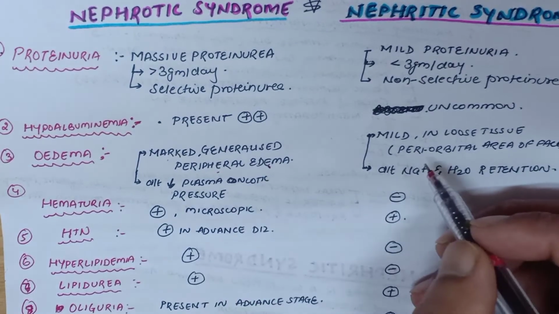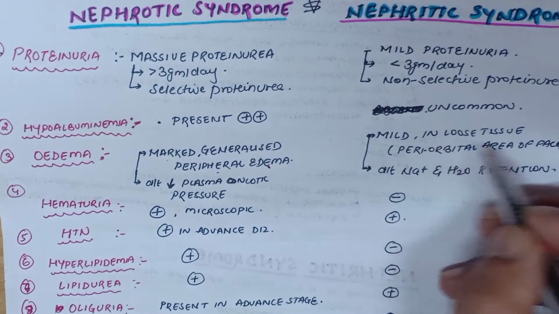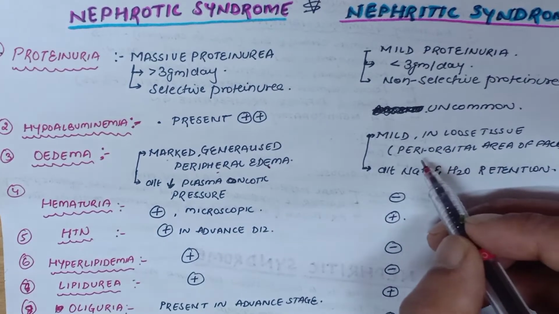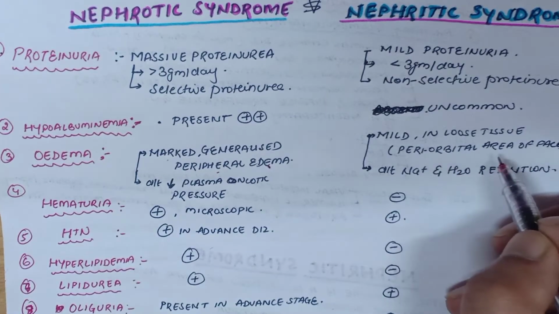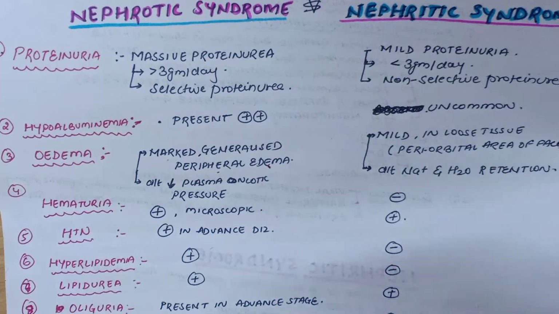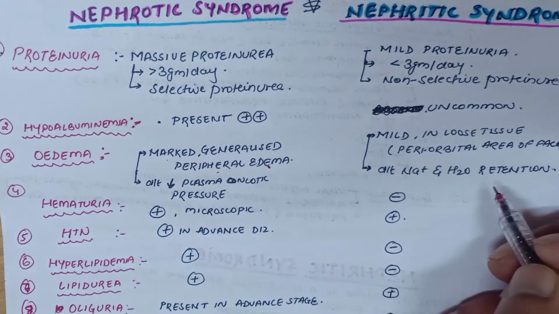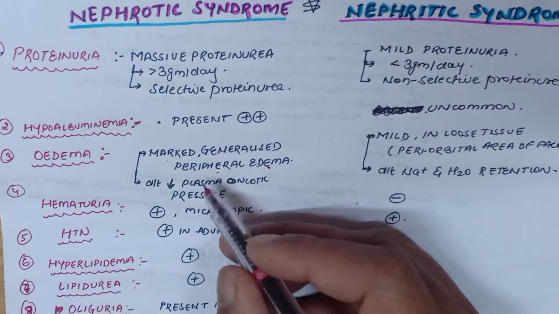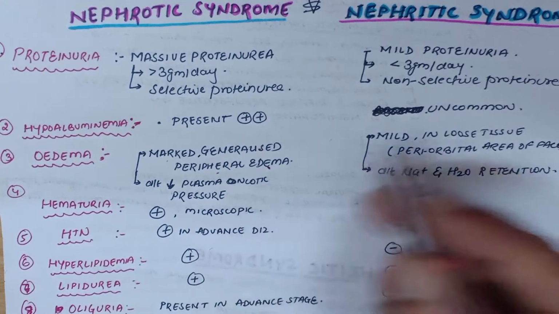Whereas in case of nephritic syndrome, edema is mild and it will present in loose tissue such as periorbital area of face. So there will be periorbital edema around the eyes, and it is due to sodium water retention. Whereas in nephrotic syndrome, it is decrease in plasma oncotic pressure.